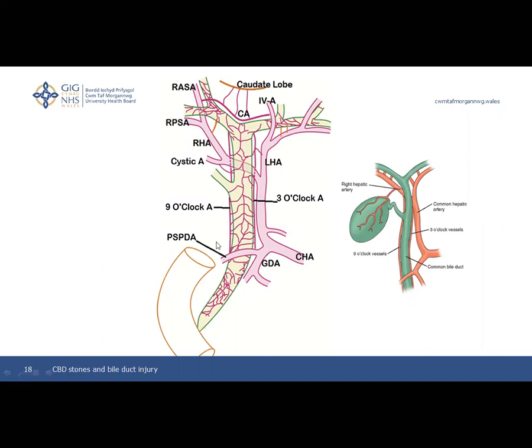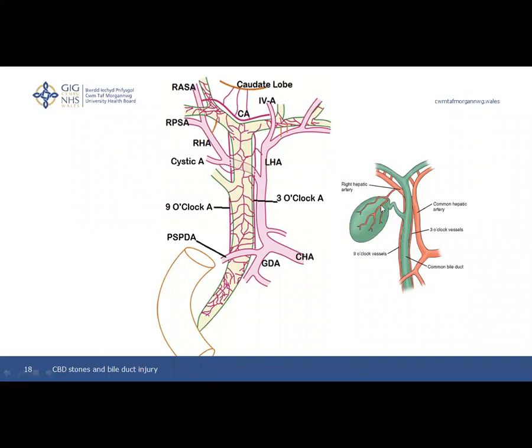As I said earlier, the common bile duct is supplied by two arteries: one from the gastroduodenal artery, or the posterior superior pancreaticoduodenal artery, and one from the right hepatic artery, or sometimes from the cystic artery.